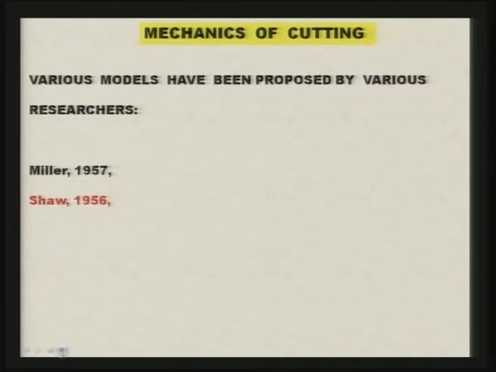M.C. Shaw proposed a model for the same purpose in the year 1956. Then Kazantsev and Rosenberg proposed a model for understanding the mechanism of material removal in ultrasonic machining in the year 1965. And there are various other models which have been proposed and reported in the literature survey.